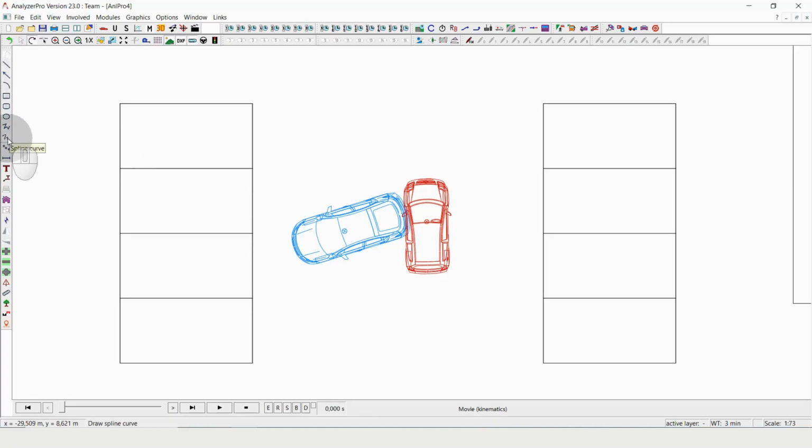For that I'm taking this spline curve and just marking a rough driving line the rear could have taken. Could be the front, could be the center. Just have to measure the same things. When I mouse over, I see immediately how far that is, and that's 6.5 meters.